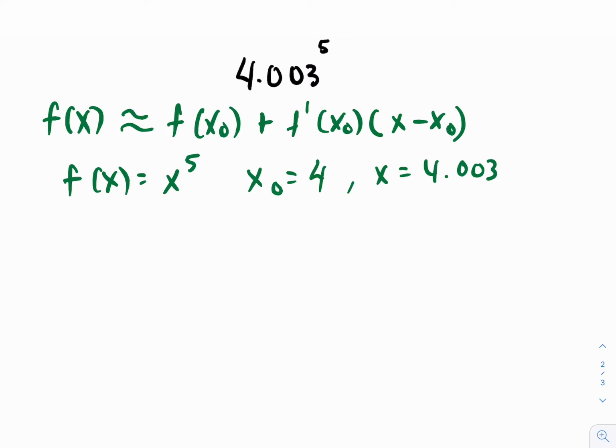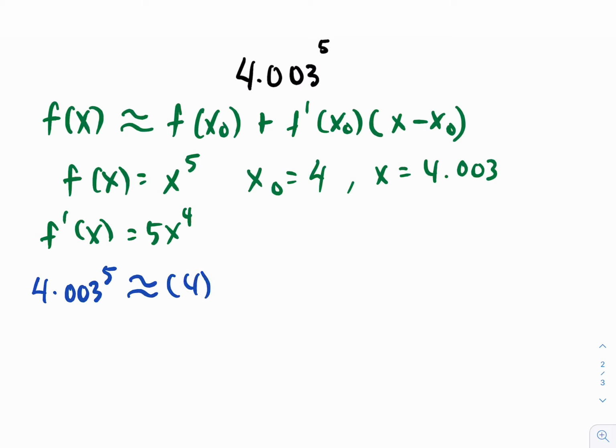Since we want to use this formula, we have to find our f prime. Our f prime of x is equal to 5x to the power of 4. Then let's plug into our formula. We want to approximate 4.003 to the power of 5, so f(x naught), which is 4 to the power of 5, plus f prime of x naught, 5 times 4 to the power of 4, multiplied by (x minus x naught), which is 4.003 minus 4.